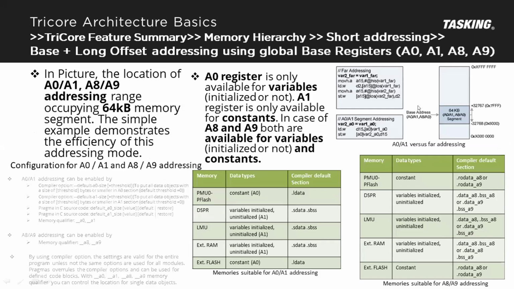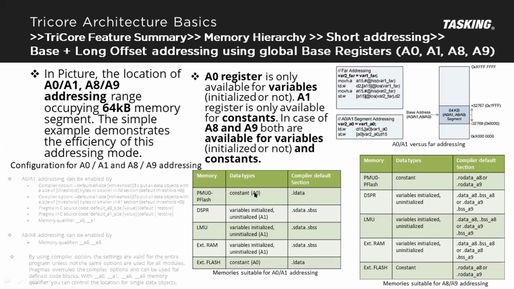All right, so let's see the second addressing mode that's called base plus offset. Inside this second option, the address, in order to be formulated, uses the global base registers A0 or A1 or A8 or A9. For A0 and A1, these are the proper memories that you could access with these address registers.